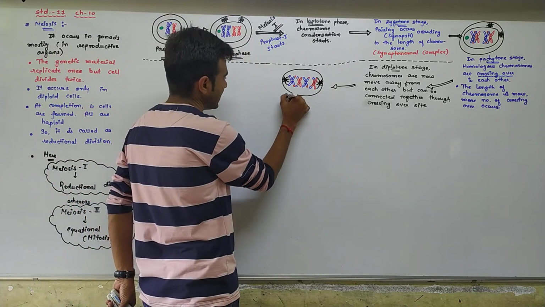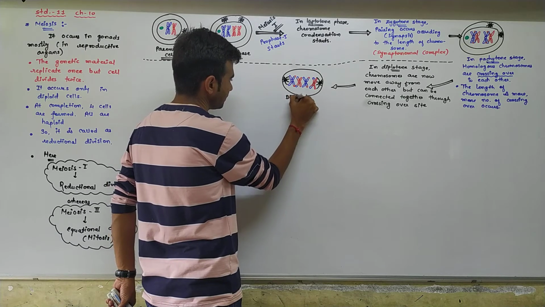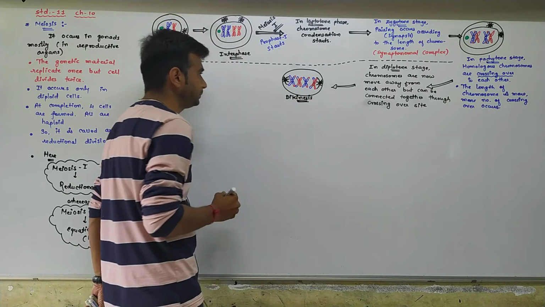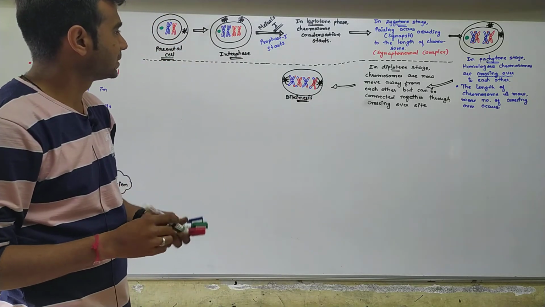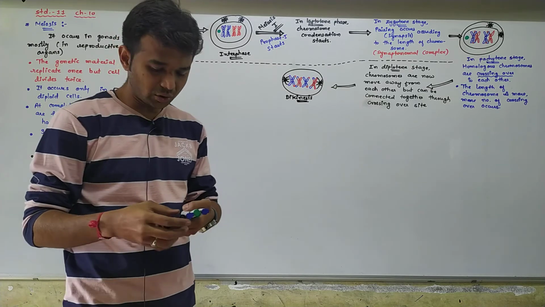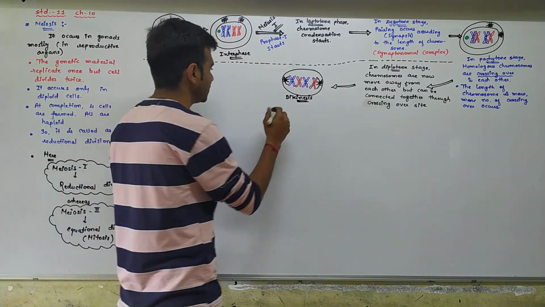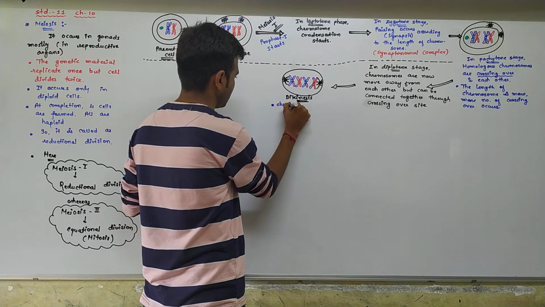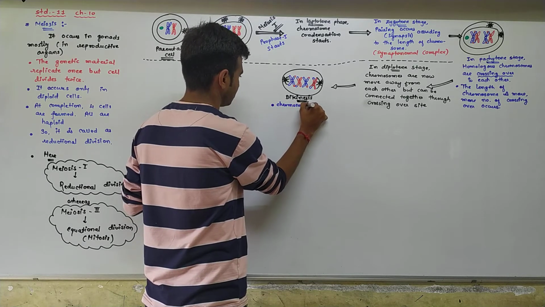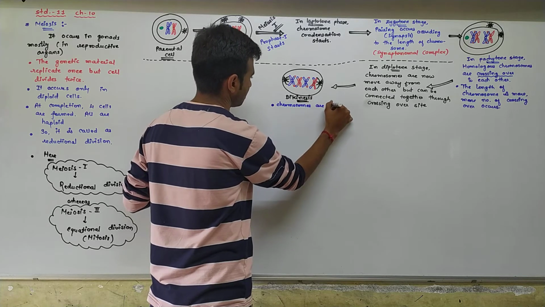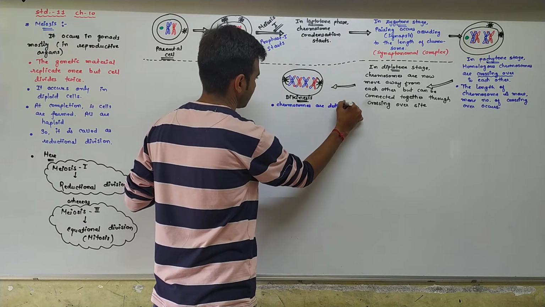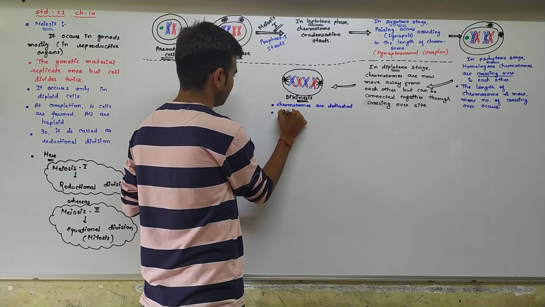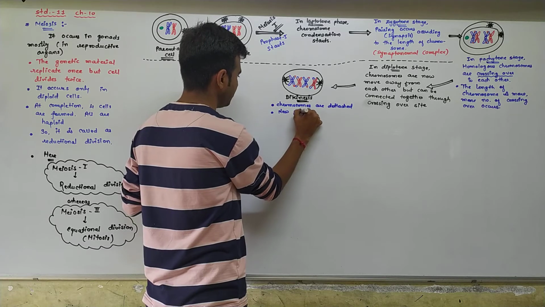This is known as diakinesis stage. Yes, see properly. Chromosomes are far away from each other. Chromosomes are detached. New genetic combination.